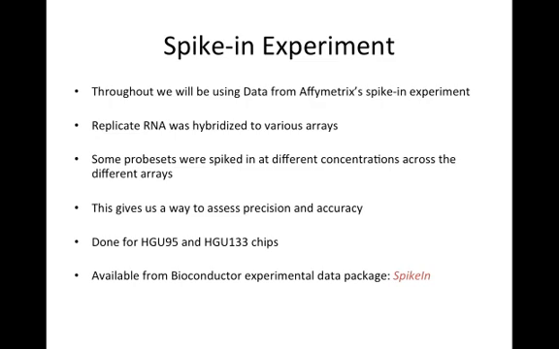This was done in the lab, and the data is actually available in a Bioconductor package called the Spikein data package, if you want to download it and look at it. It's very useful because the fact that they're mainly replicates gives us a way to decipher how precise this technology is, but the Spikeins let us see how well we can distinguish differences when they're real, or as I'm going to call it in this lecture, accuracy.